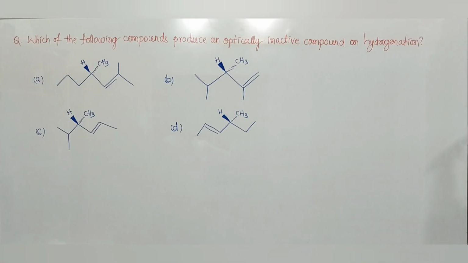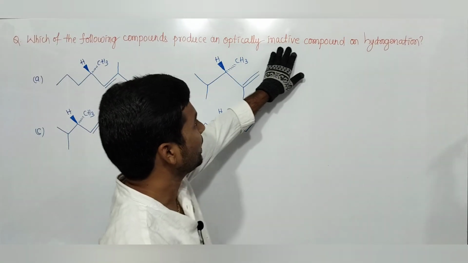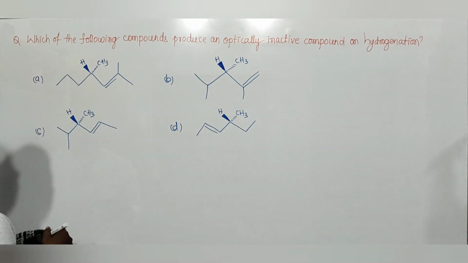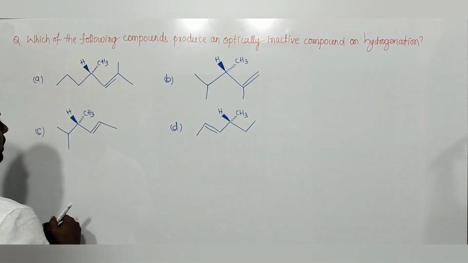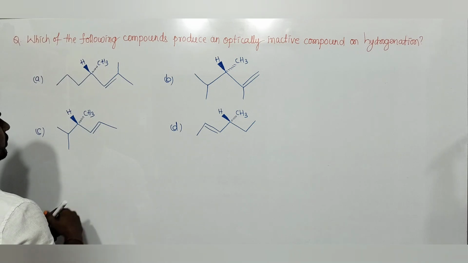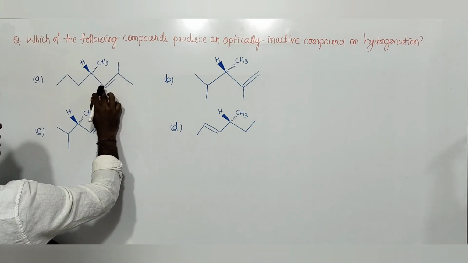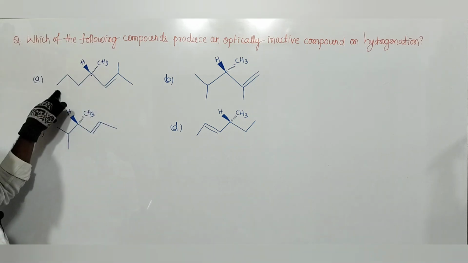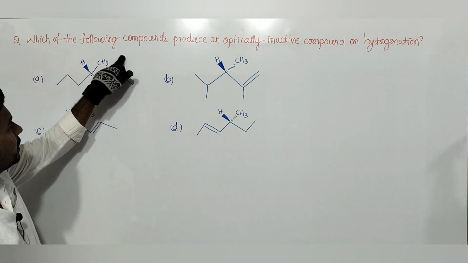Next, see this question. Which of the following compounds produces an optical inactive compound? Upon hydrogenation, hydrogen is added here and here. Is this carbon optical active or not? Yes, optical active, because this is some propyl group and this is some isobutyl group.